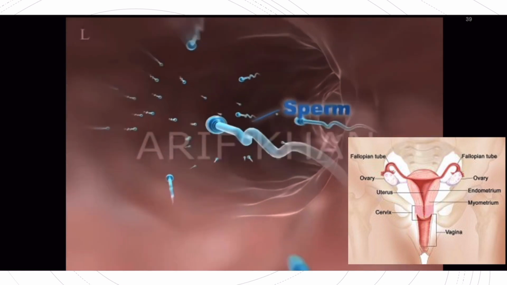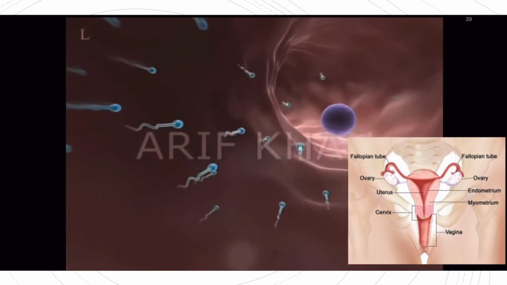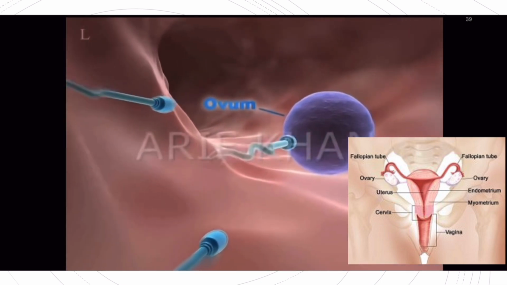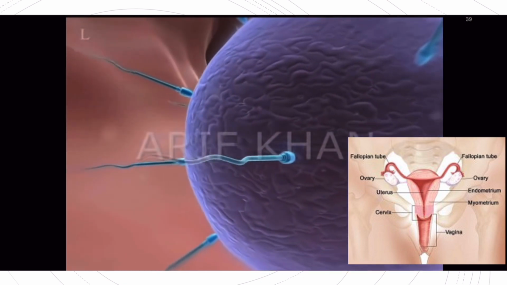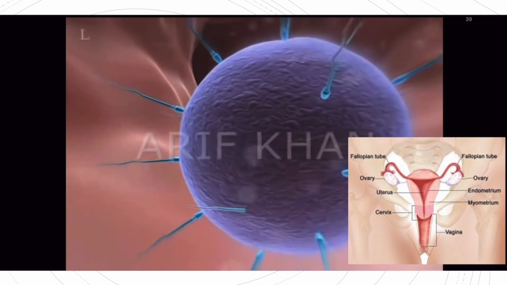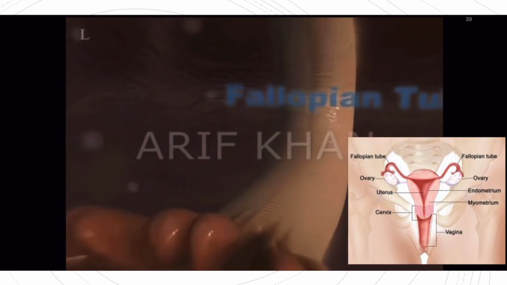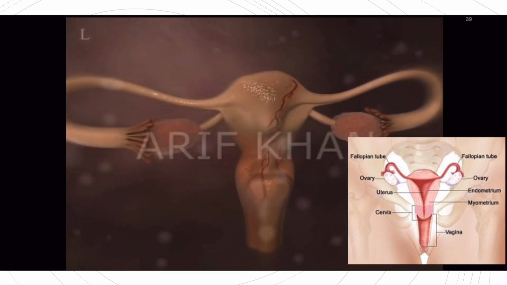Remember, only the first sperm that reaches the fallopian tubes and gets to the ovum will fertilize the ovum. There we go. Remember, the sperm contains digestive enzymes to digest the outer layer of the ovum.